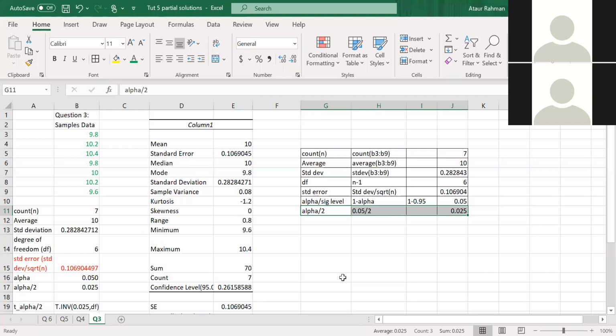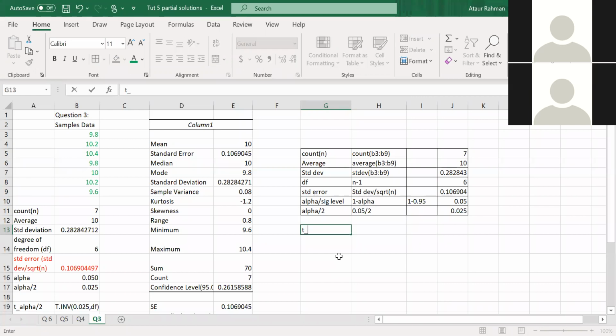So now we want to find the t distribution, because for the confidence interval we have to find the t distribution value at alpha by 2.